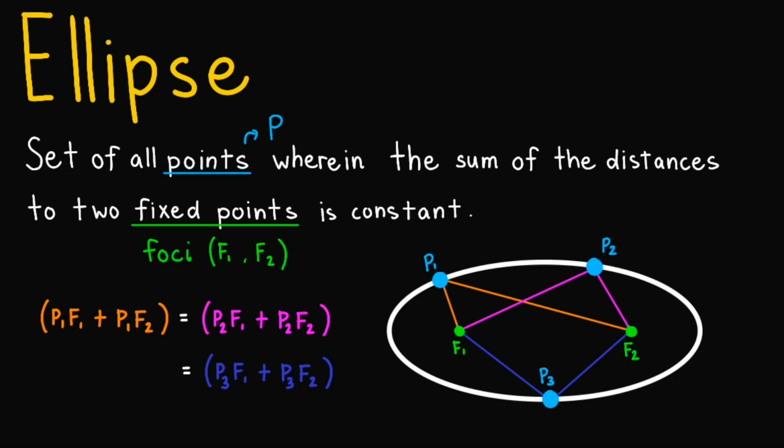As you can see, it seems really special, since just by placing the foci at the right place in this ellipse, we'll obtain this magical property. So yeah, that is the definition of an ellipse.